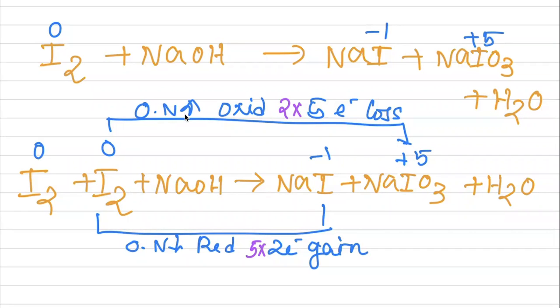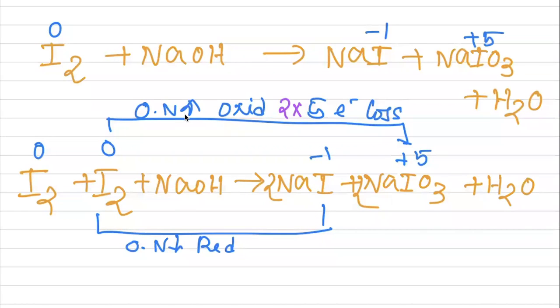Tell me, the number of electrons gained from 0 to -1 will be 1. I'm writing 2, and you're saying it is right? Number of electrons gained is 2, since 2 atoms of iodine are there. That's why we need to make 2 on both sides. We have to write 2 on both sides.